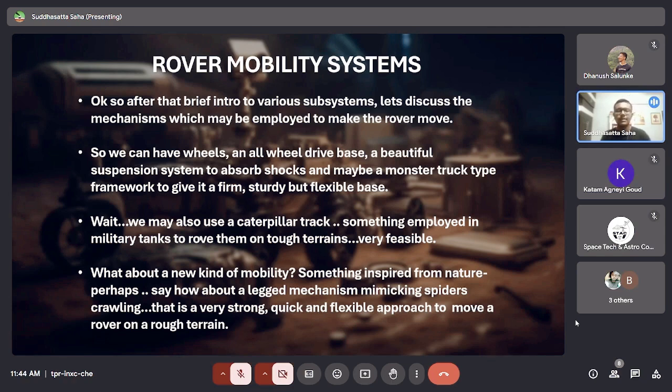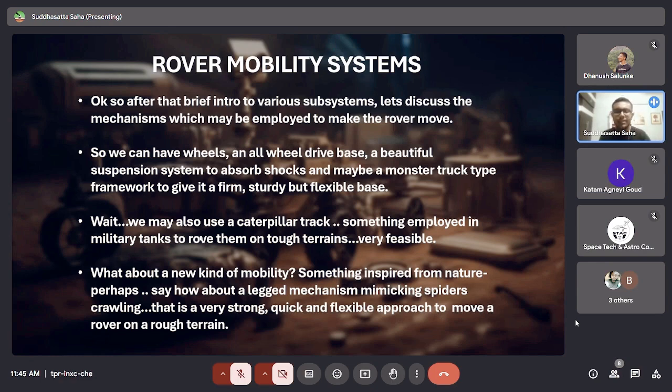So a caterpillar track can be deployed as a mobility system for them to rove. But there are various degrees of failures which various subsystems have been subjected to, and only the best mobility system has been selected so far and is in action.